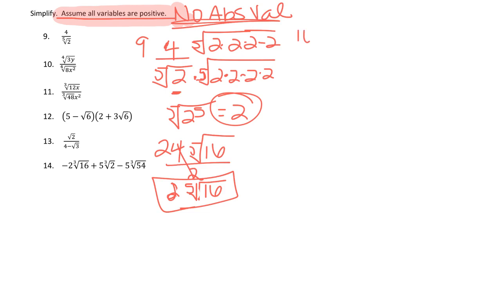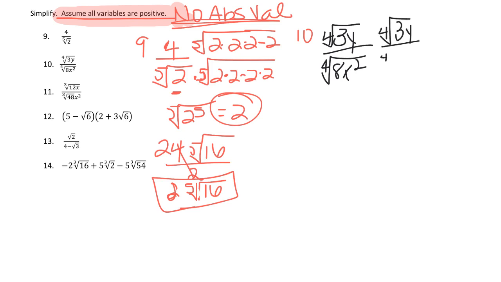And number 10. I have the fourth root of 3y over the fourth root of 8x squared. So I recognize 8 as a cube number, so I'm going to rewrite that as the fourth root of 2 times 2 times 2 times x squared.